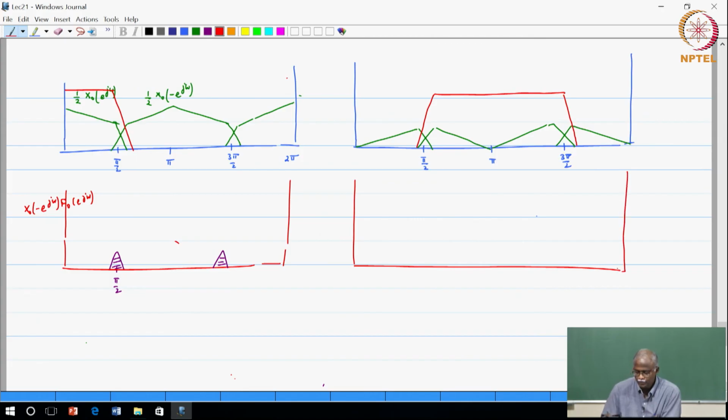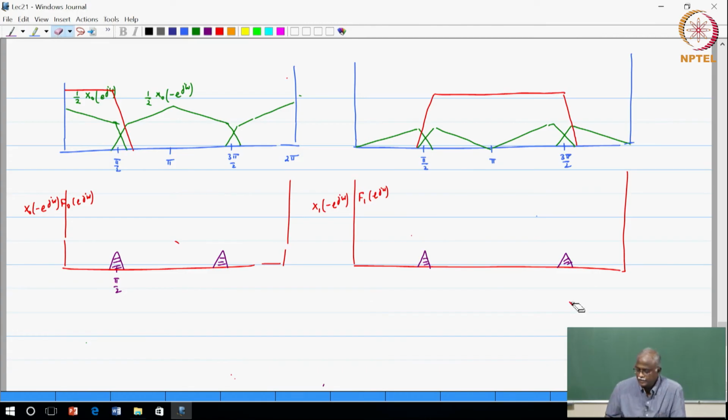The undesired portion that is captured by the lower branch is represented by X1 of minus e to the j omega multiplied by F1 of e to the j omega, and that turns out to be also centered around pi by 2, a shape that looks like this, and another one that also is in the frequency content.